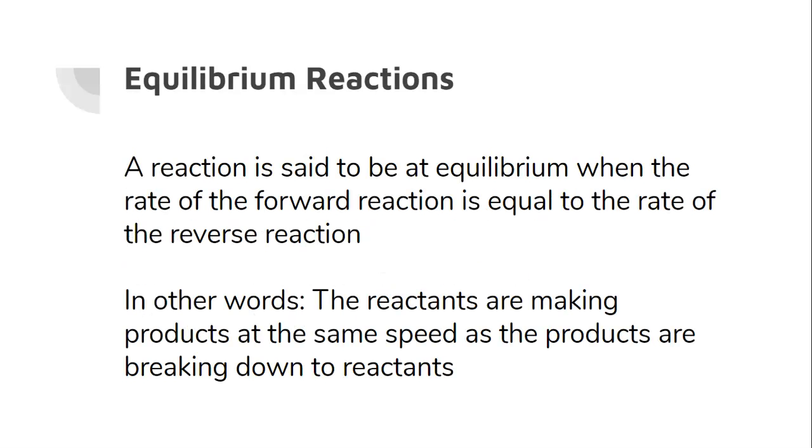A reaction is said to be at equilibrium when the rate of the forward reaction is equal to the rate of the reverse reaction, meaning that the reactants are making products at the same speed as the products breaking down to reactants. That's pretty much what we're talking about. The forward reaction is occurring at the same pace as the backwards reaction, the reverse reaction.